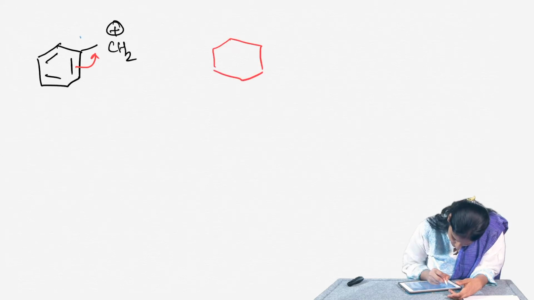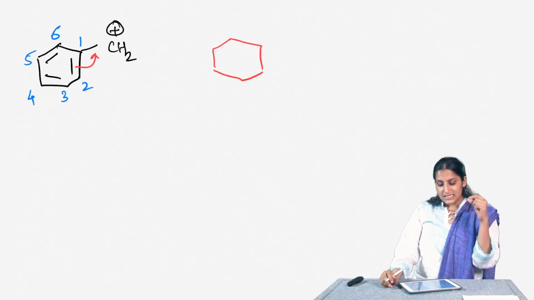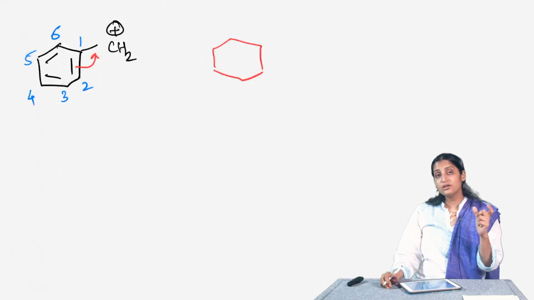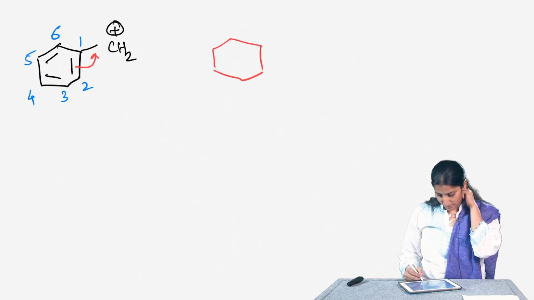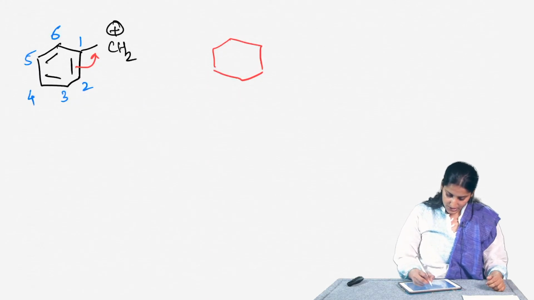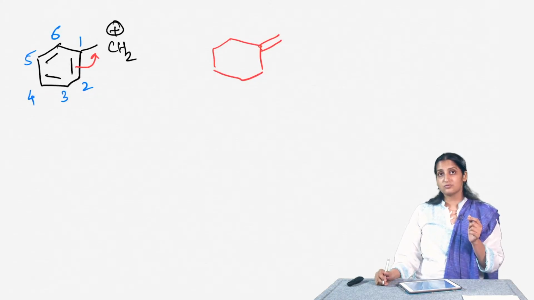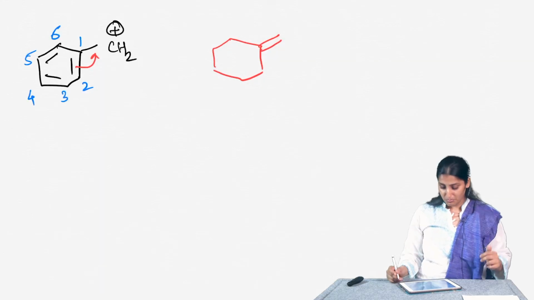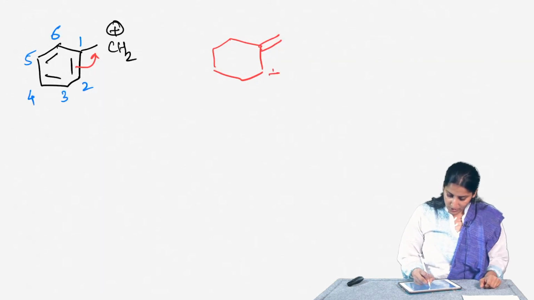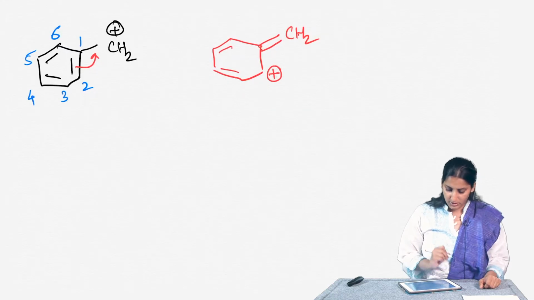Okay. Let me just say 1, 2, 3, 4, 5, 6. As the electrons between carbons 1 and 2 move towards that outer carbon, what happens is that carbon number 2 is now short of 2 electrons, because what happened was it lost a bond. So, as a result of which it gets the positive charge, right.